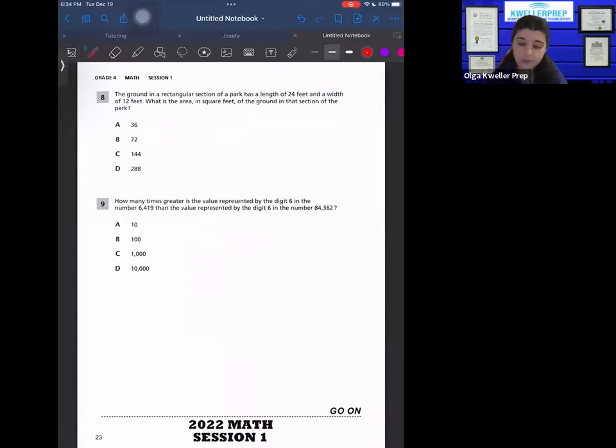Another example can be the ground in a rectangular section. So I always try to teach students to draw out pictures also. So ground in a rectangular section, so I'll draw a rectangle, has a length of 24 feet and a width of 12 feet. And they want the area in square feet.